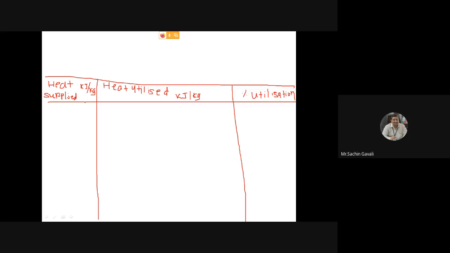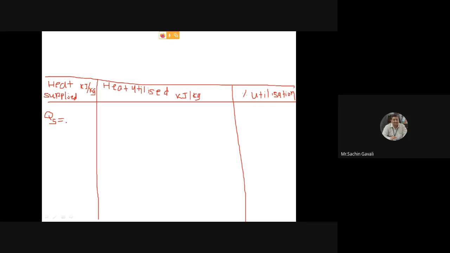Heat supplied, heat utilized, kilojoule per kg and percentage utilization. Okay, then heat supplied. Now heat supplied is what? QS is equal to, we'll tell the formula.